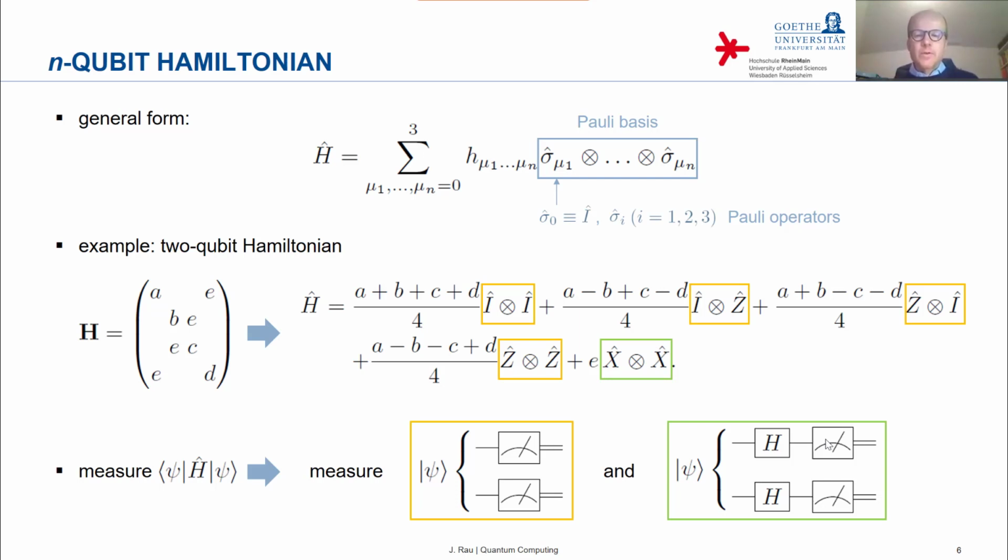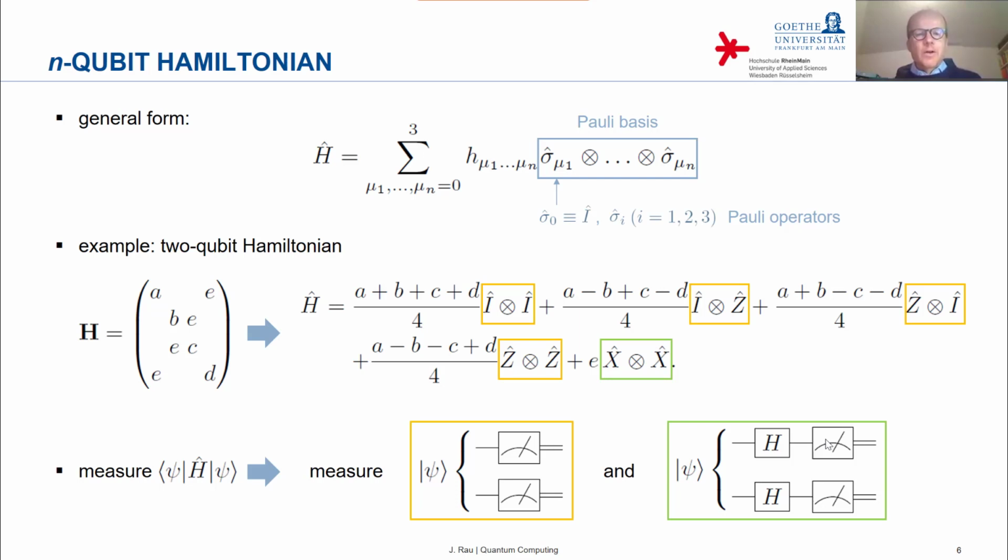And this allows us to determine the expectation values of all the tensor products marked yellow. And then we prepare the same state again and send it several times through the measurement setup in the green box until we've collected enough data. And this allows us to determine the expectation value of the tensor product marked green. So Pauli X times Pauli X.